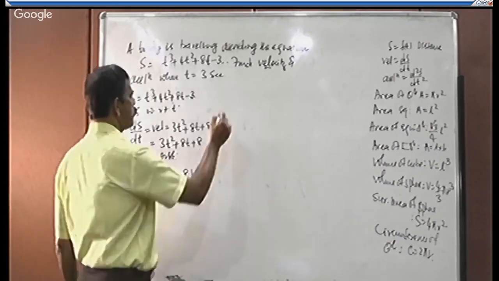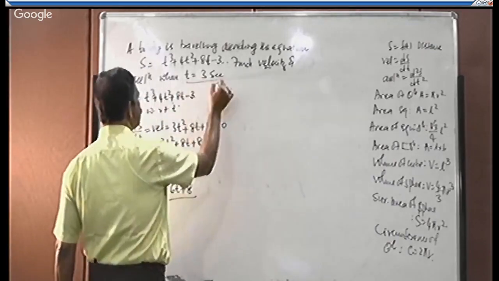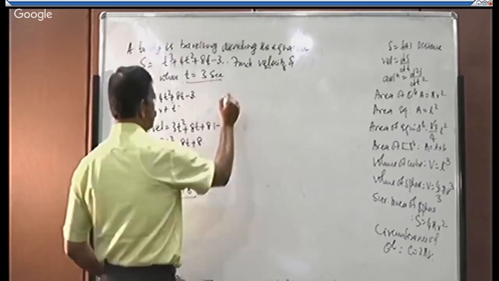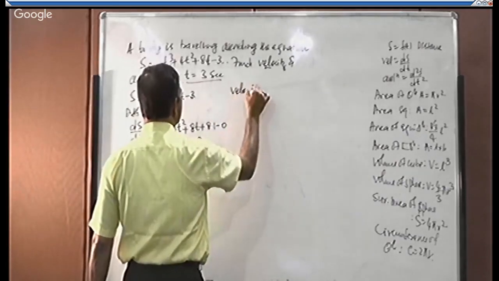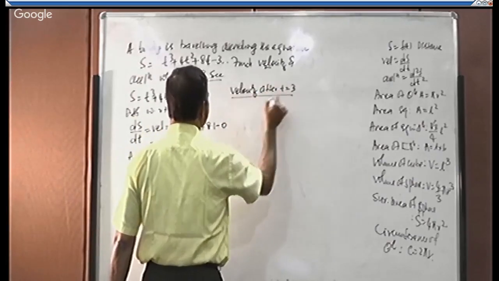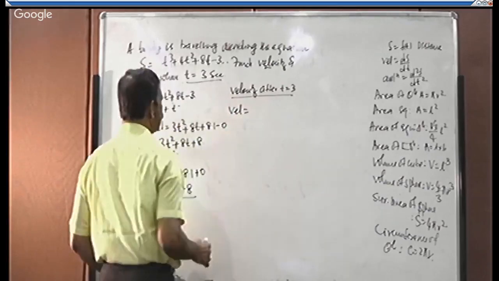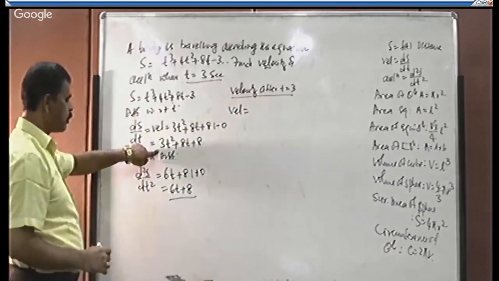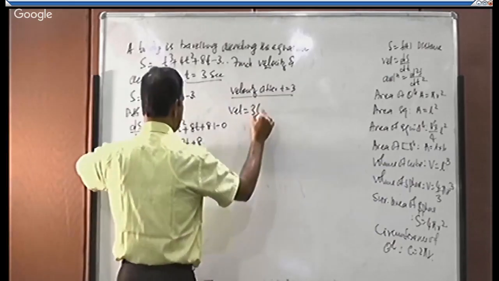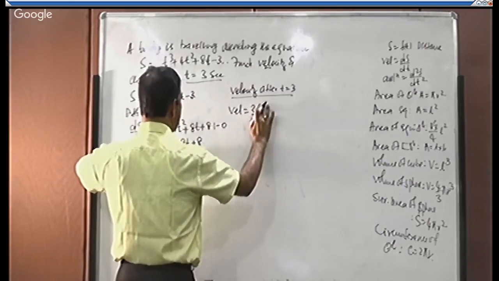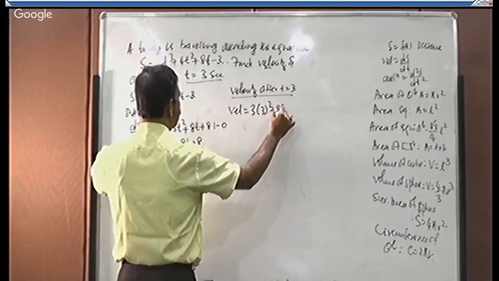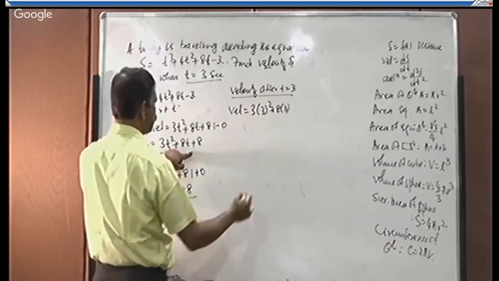But the question is, we need to find out velocity and acceleration at t is equal to 3. So velocity at t is equal to 3: in velocity, substitute t is equal to 3. 3 into, what is t? T is 3, square, plus 8 into t. T is what? 3, plus 8.